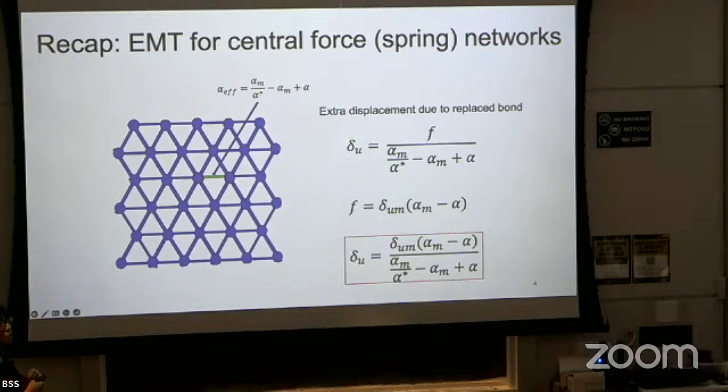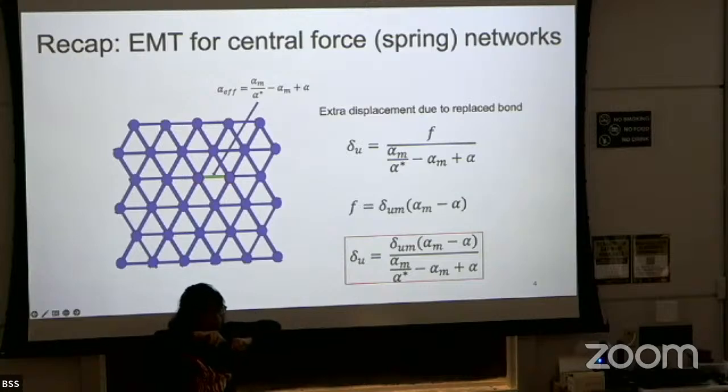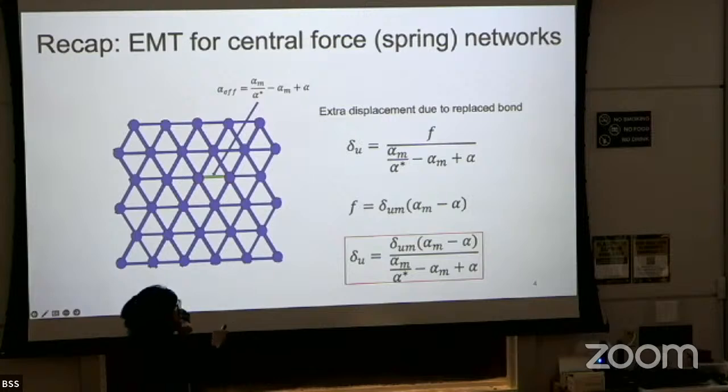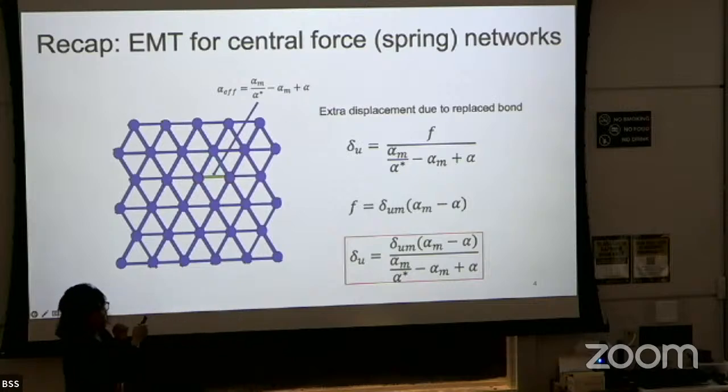So delta U_m is, initially you are applying a hydrostatic tension or compression, let's say tension. Every bond is stretched by the same amount delta U_m. That is something that you have applied, right? And the small delta U is on top of that, an extra displacement of this particular bond because now you have replaced this spring by a different spring constant.